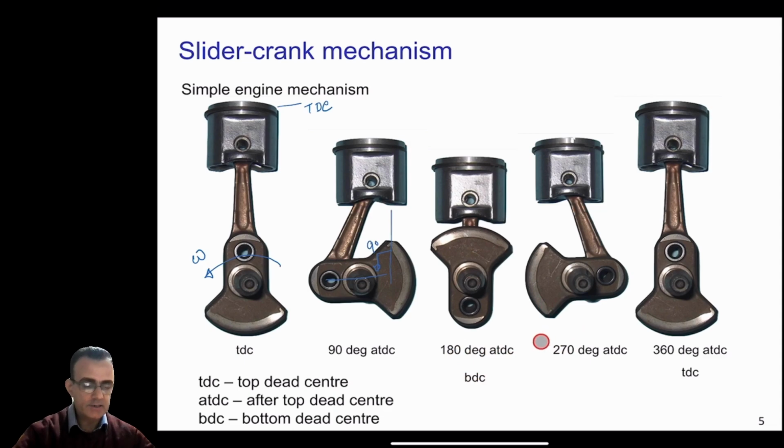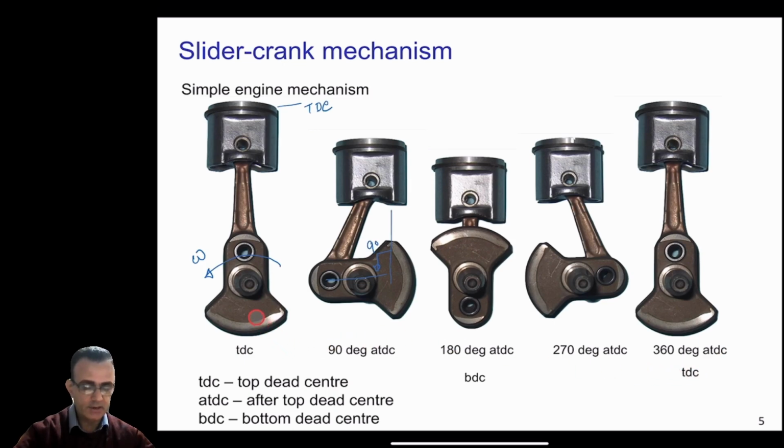Then it will start moving in the upward direction. Now it's 270 degrees after the top dead center. From here to here there's a 90-degree difference, and from here to here there's again a 90-degree difference, and at this position it's 360 degrees after the top dead center, and this becomes the top dead center again.